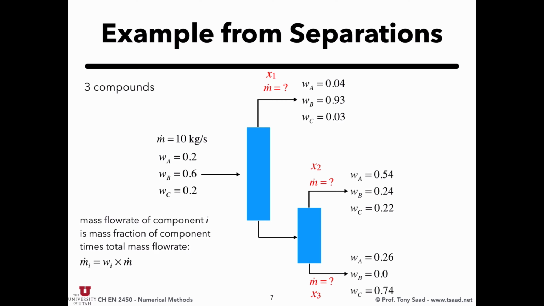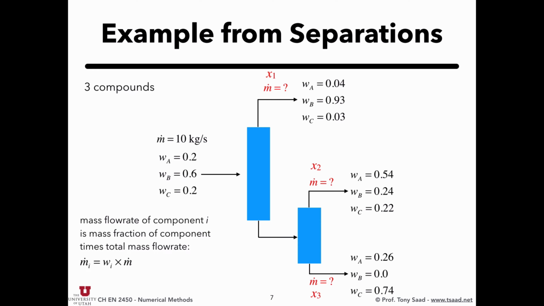Now, this fluid, this mass comes in and exits at the three other stations. It just so happens in this case that we know the composition of the fluid exiting at these three different stations. We know the compositions of A, B, and C at each one of those exits. Okay. However, what we are looking for are the mass flow rates.